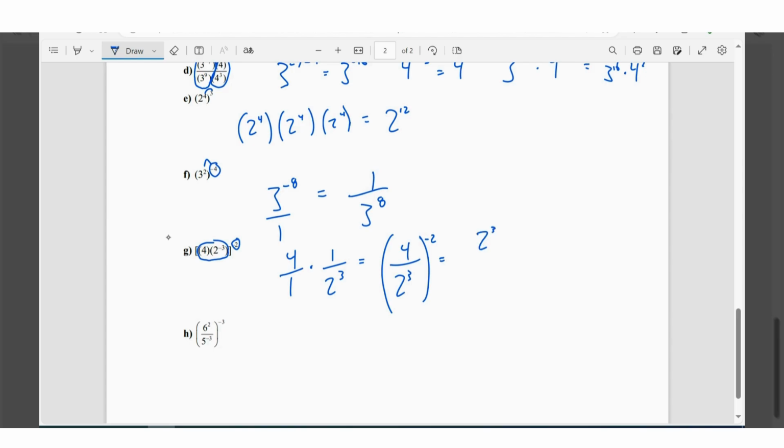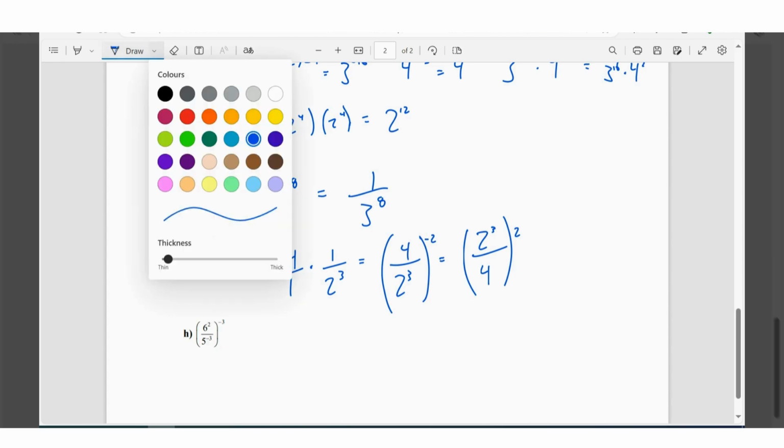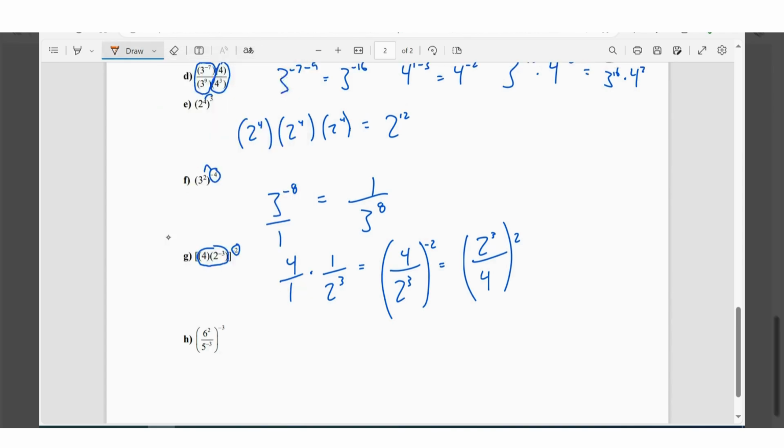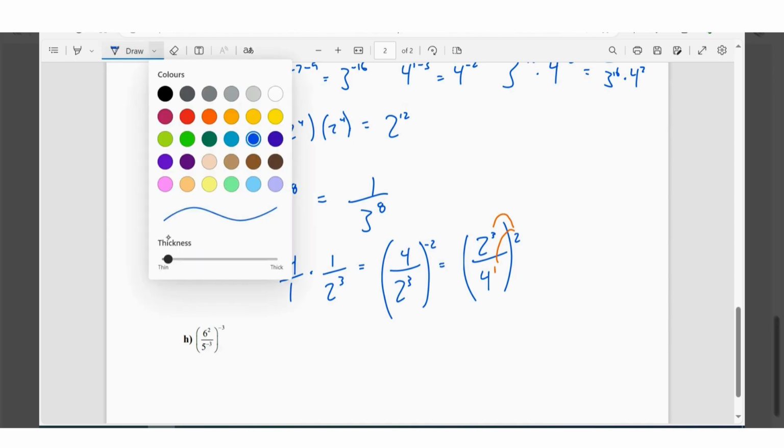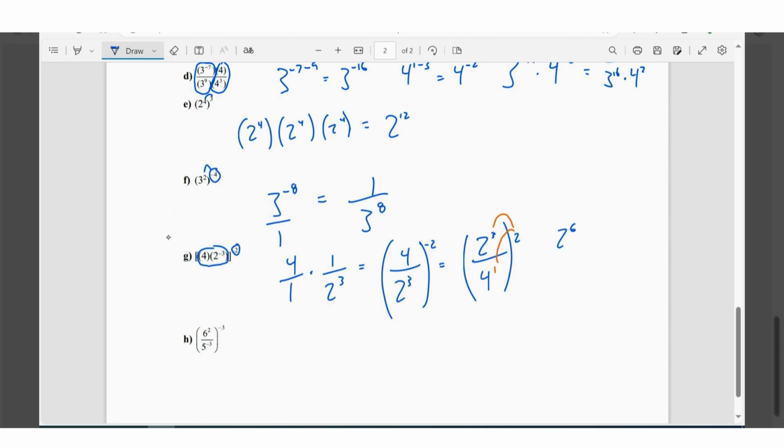So we have 2 to the 3 over 4, and that's to a positive 2 now. We flipped our base, and now we can distribute the 2 inside to each of the exponents. Remember, there's an invisible 1 right there. So now we get 2 to the 6 over 4 to the 2.